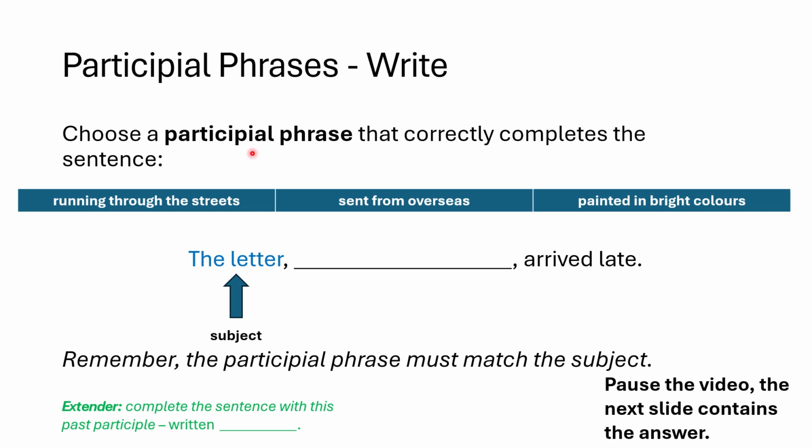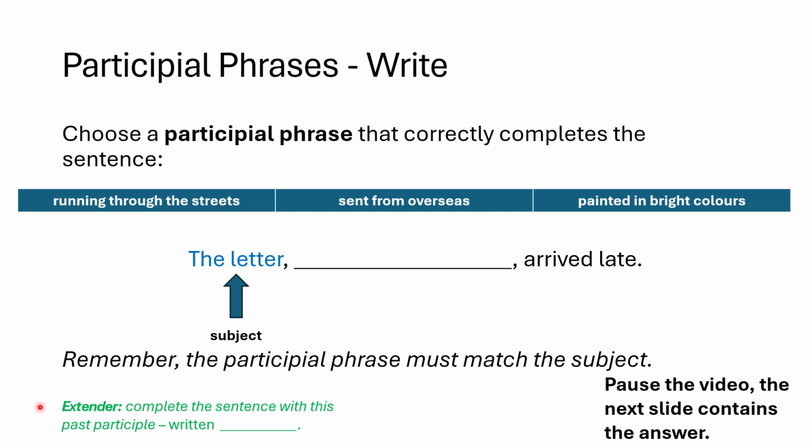Choose a participial phrase that correctly completes the sentence. The letter running through the streets, sent from overseas, painted in bright colours, arrived late. Remember, the participial phrase must match the subject.